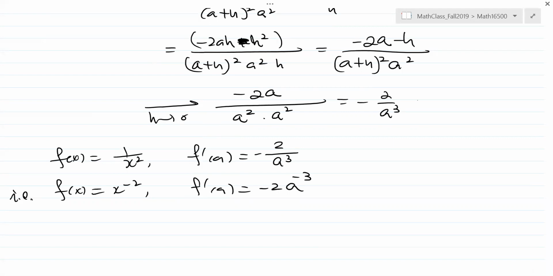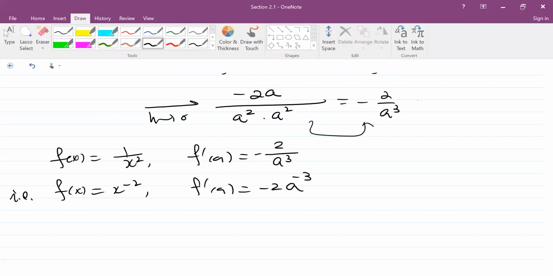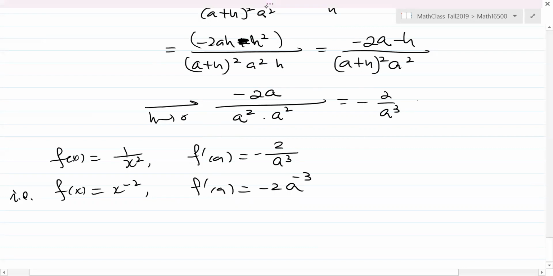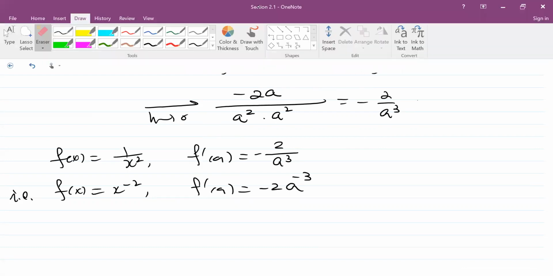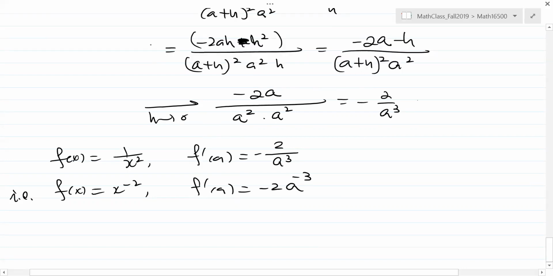Yeah. So 2 divided by a cubed, it's not the same as what is written. How do you make that? You mean from this to here? No, below that, under that. Yes. Minus 2 divided by a cubed. So how is it coming back?